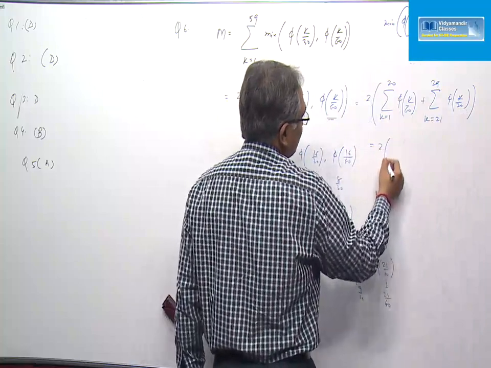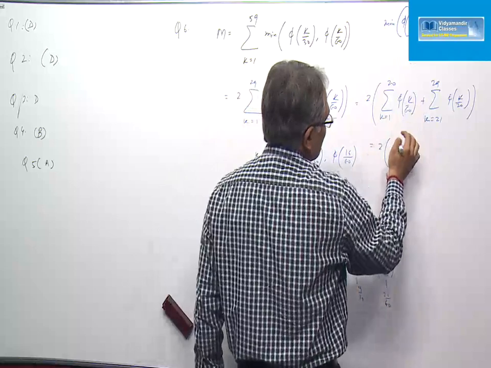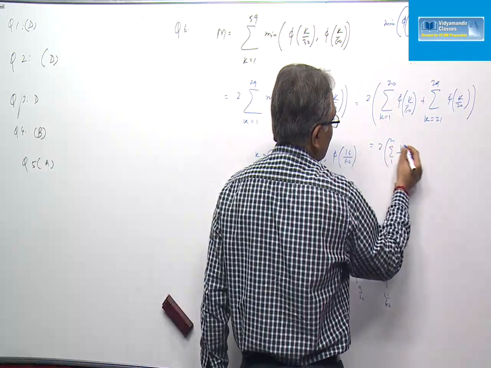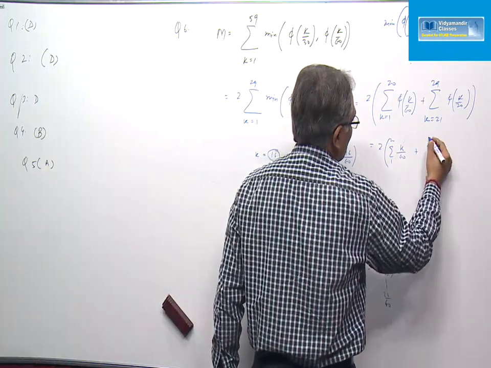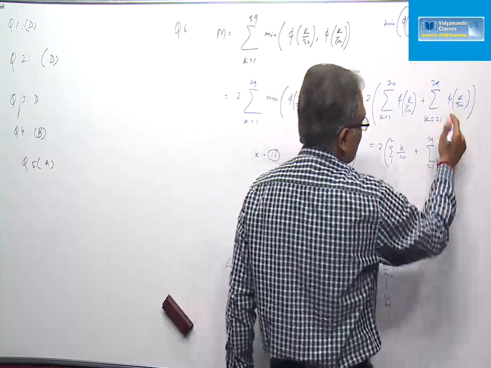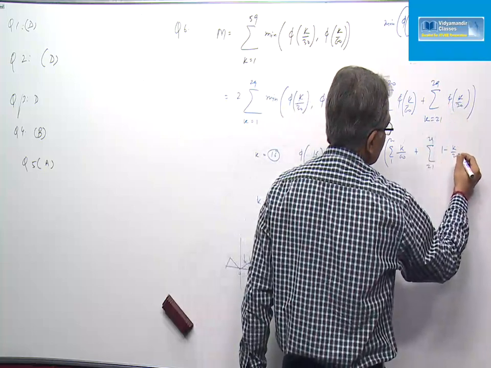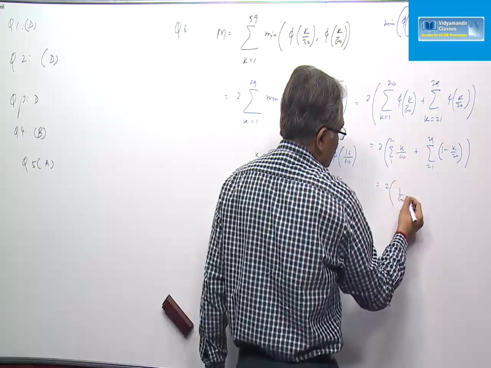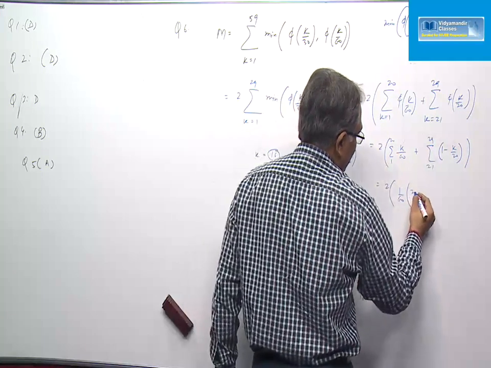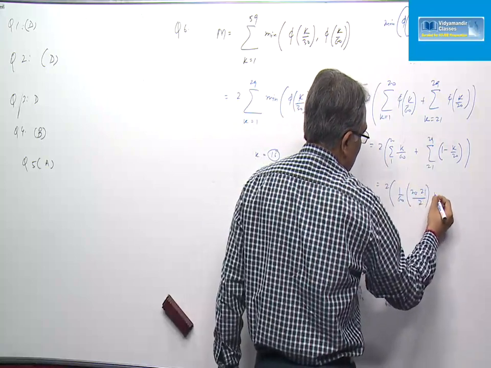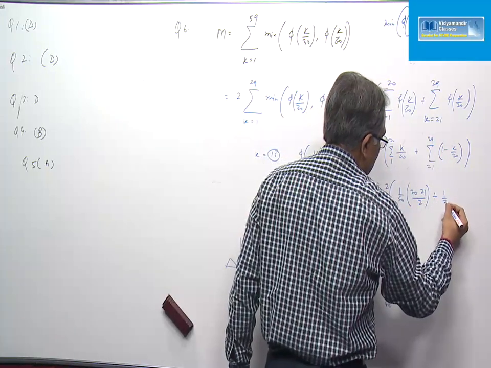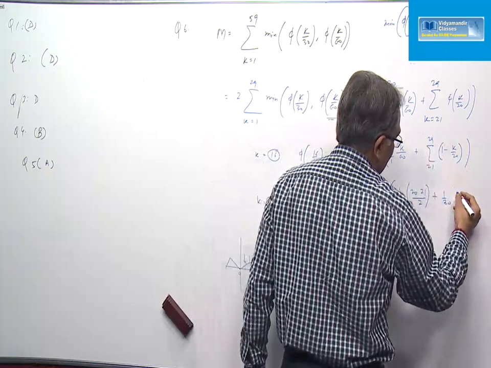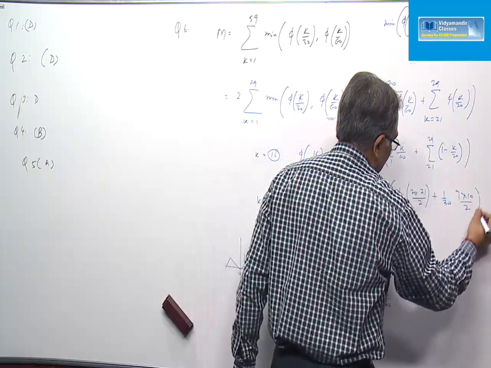This must be twice of, now summation phi of k by 60 is nothing but k by 60, summation 1 to 20, plus 21 to 29 summation phi of k by 30, which is 1 minus k by 30. That is twice of 1 by 60 times 20 times 21 by 2, plus 1 by 30 times, it is 30 minus 21, 9, summation 1 to 9, that is 9 times 10 by 2.